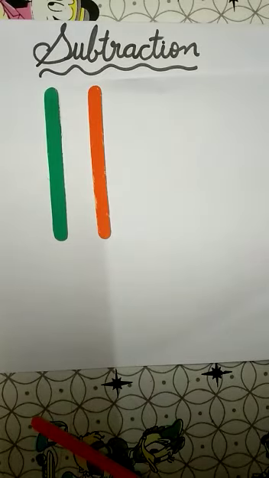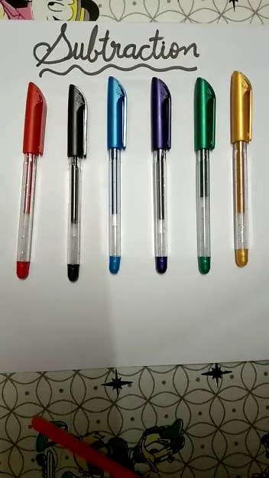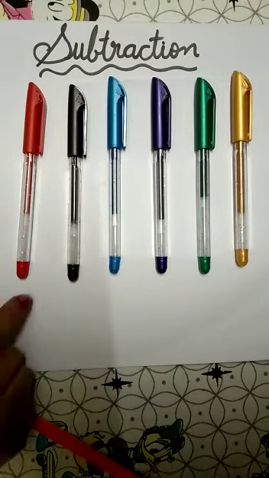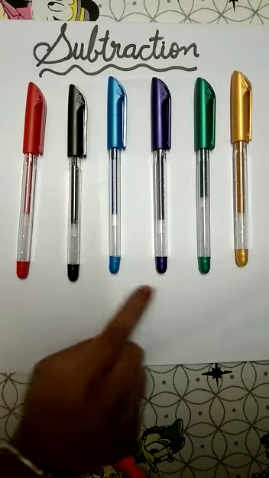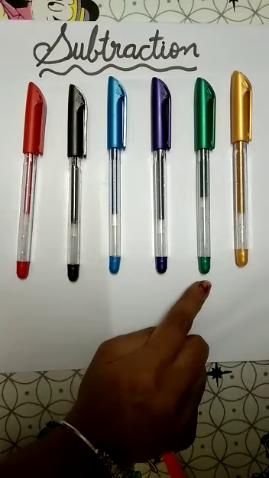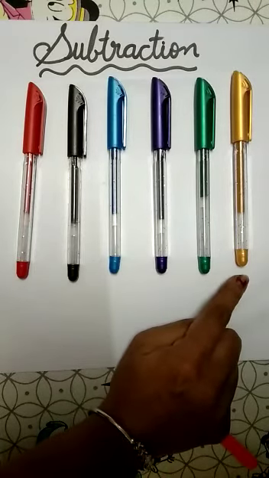One more example I will show you. See kids, I have some colorful pens. Okay? First we will count how many pens are there. Let's count it. 1, 2, 3, 4, 5 and 6 pens are there.